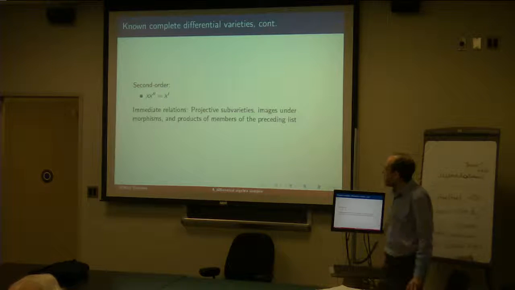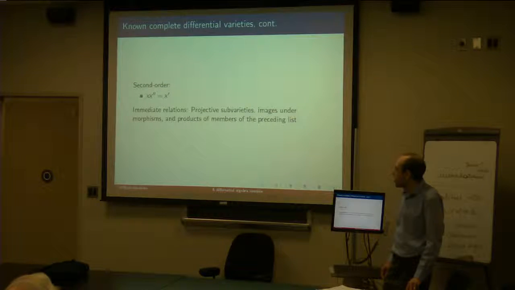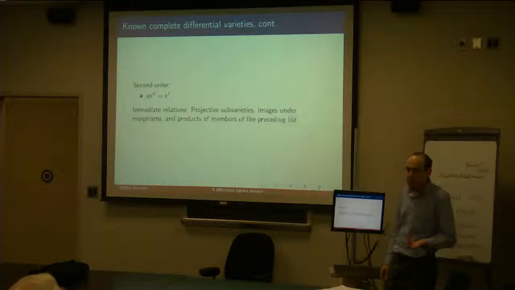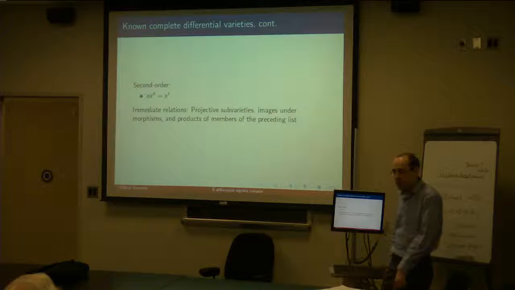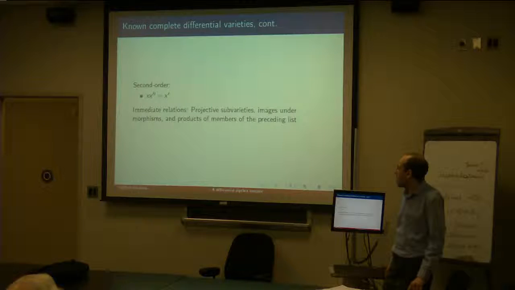And then, just closing up the class here, like I mentioned, most of the formal algebraic properties of completeness hold when you go over to the differential case. If you take projective subvarieties of complete varieties, they're complete. Images under morphisms of a complete domain are complete. And products, so you can mix and match the preceding examples.